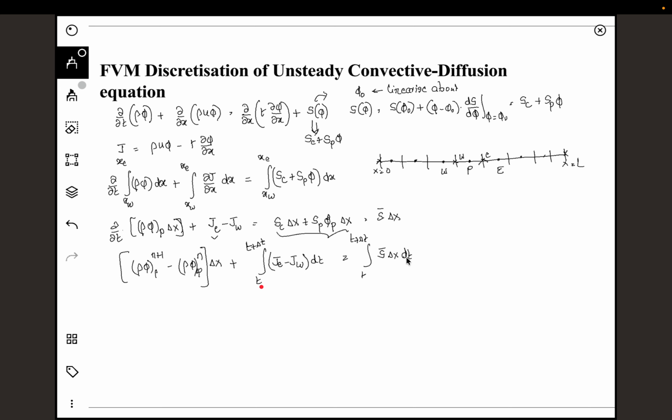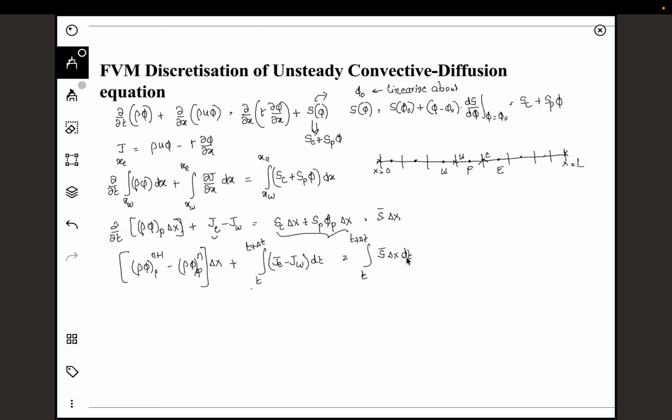So this is straightforward. This term is basically just like what we were doing in the spatial domain. When we have a function that we want to integrate from xw to xe, we just took the value at an intermediate point, the cell centroid. Similarly, we can do the same thing here, but instead of xw to xe, this is from t to t plus delta t. So this quantity we will have to evaluate at some intermediate time tau between t and t plus delta t.